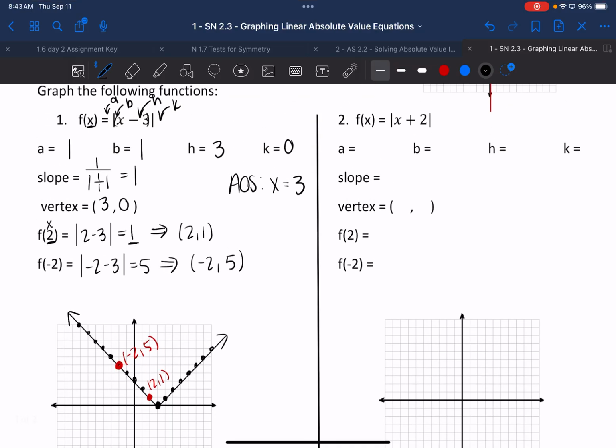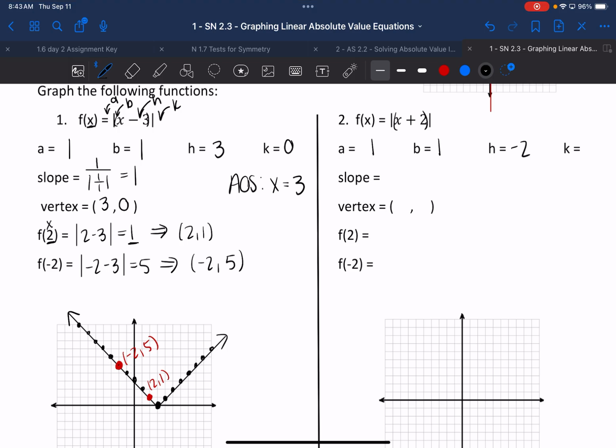Number 2, what's my A value? 1. What's my B value? 1. What's my H value? -2. Remember when it's inside of here, guys, it's like being in a parenthesis. So we set it equals zero and solve. So it's actually -2.